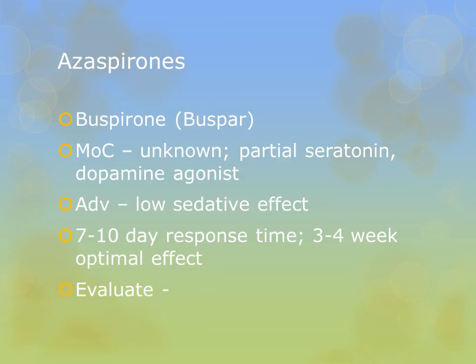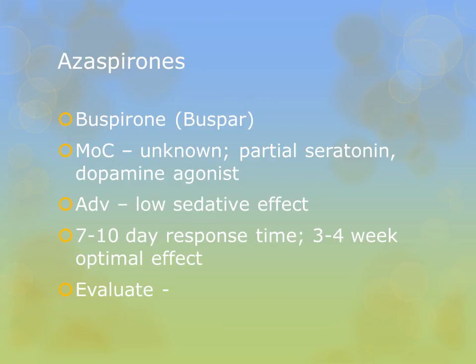The azaspirones, such as buspirone or BuSpar, are typically used for anxiety. It is not a controlled substance because it has minimal potential for abuse, even though it is considered a sedative or a central nervous system depressant to some extent.